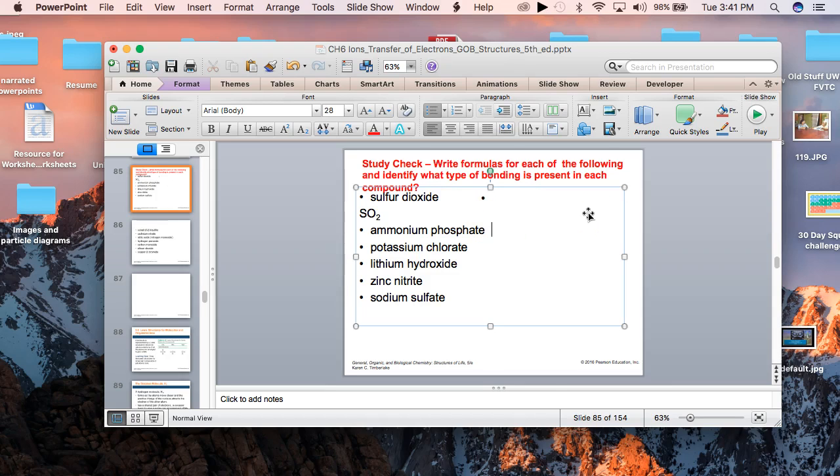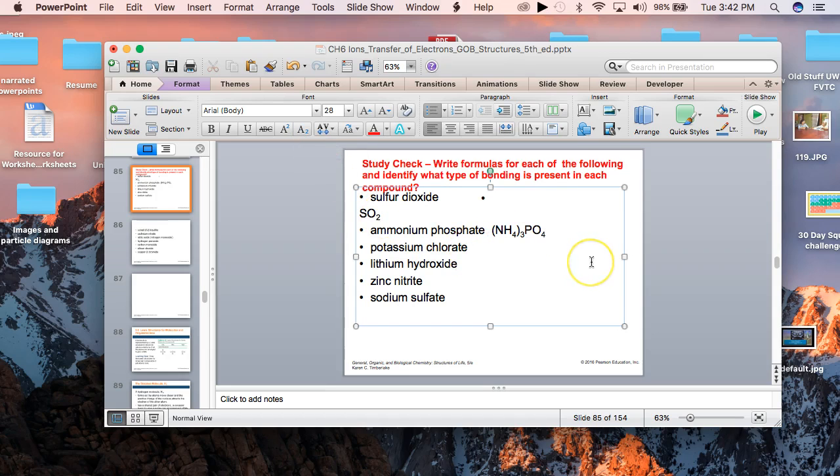So this would be ammonium, but phosphate has 3 negatives, so ammonium is 1 positive, ammonium is NH4, but you need 3 of those to balance out 1 phosphate, and so it's going to be ammonium 3 and then PO4, ammonium phosphate.